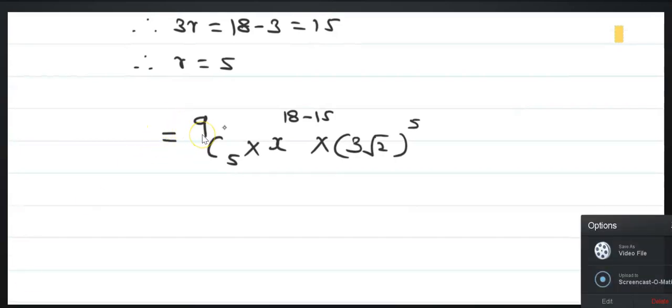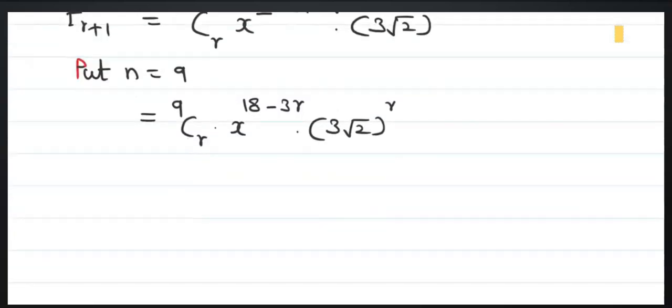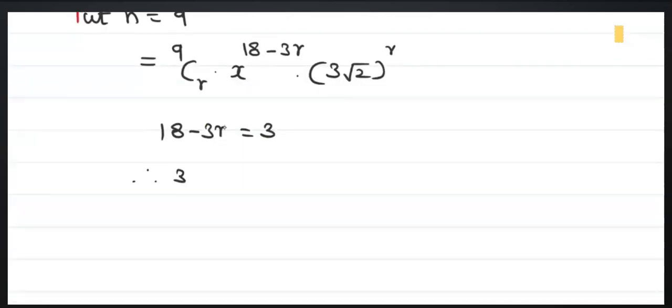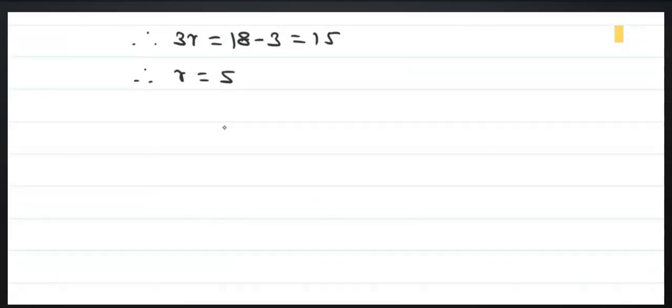Therefore, we have 9C5 into x raised to 18 minus 5 into (3 root 2) raised to 5. We have substituted a value. You can again see this here. r is equal to 5. We are substituting the value of r, that is r is equal to 5, in the above formula.